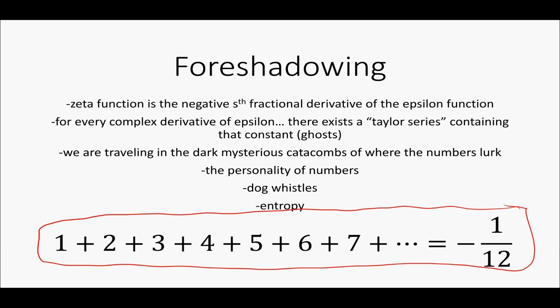Well, that would make sense if these numbers were like masses or like objects. Yeah, that would make sense. They're not masses though. Numbers are information. And I feel like this equation right here is a formula that says something about entropy.